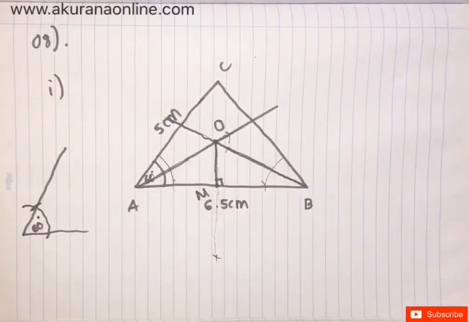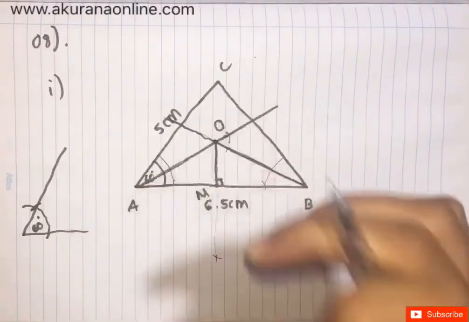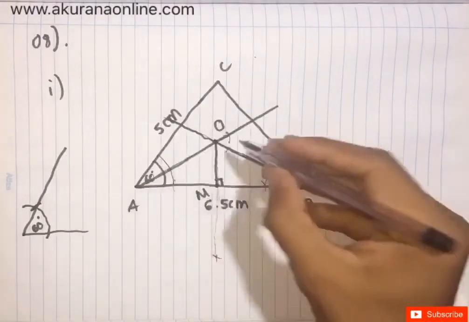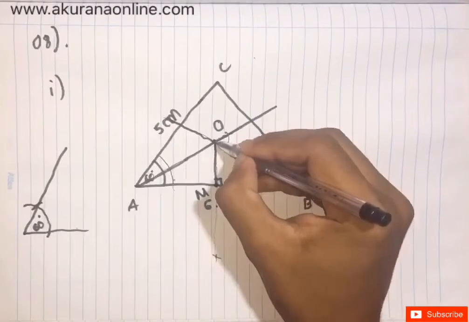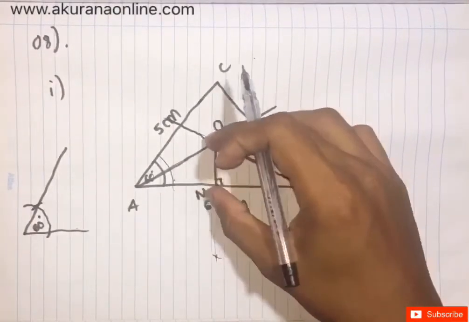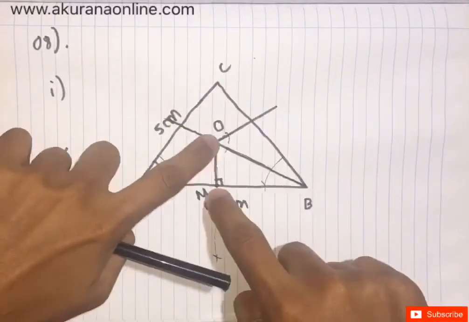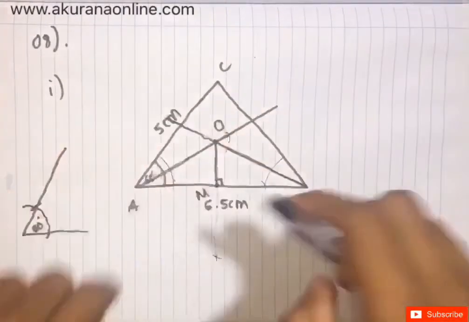Now you have to construct the incircle of the triangle. Now how do you construct the incircle? It's simple. This is the setup you have to do when you construct an incircle. Now what you have to do is take this length. Keep your compass here. Take this length, measure this length and draw the circle. Keep the compass here, draw the circle.